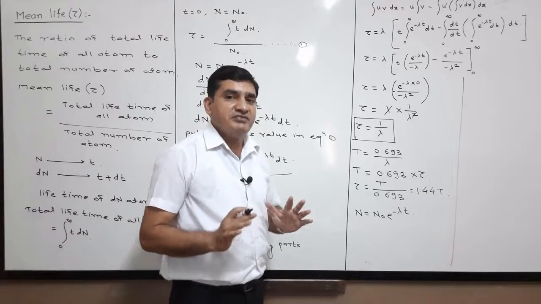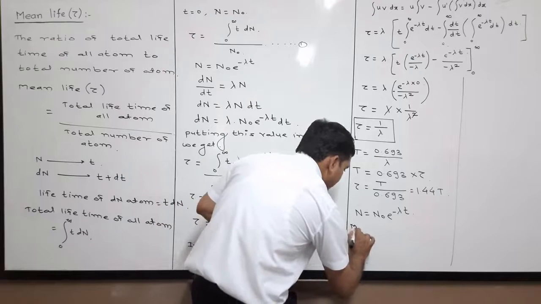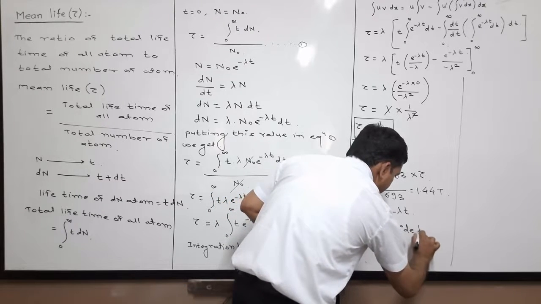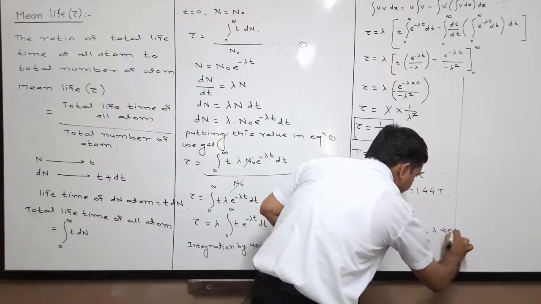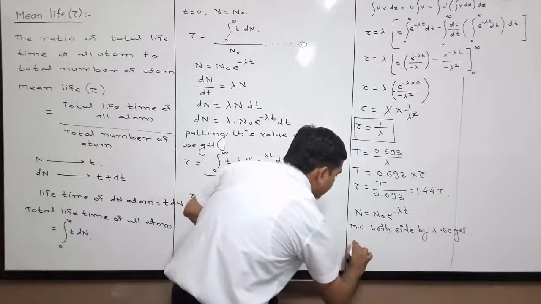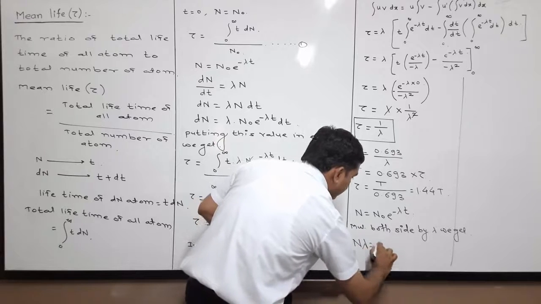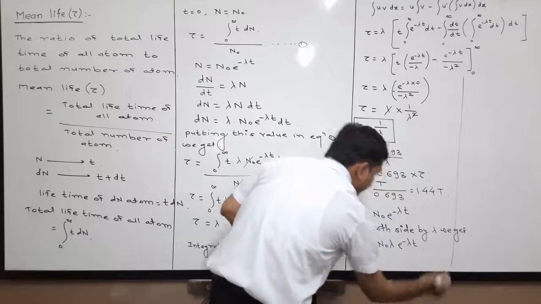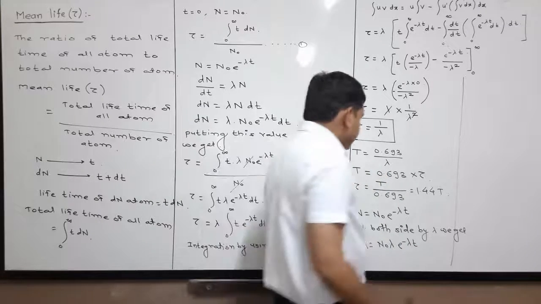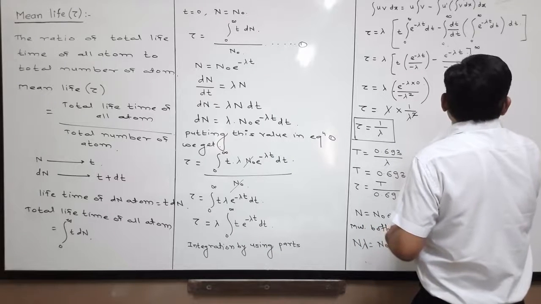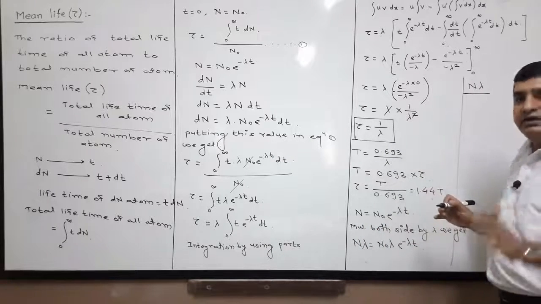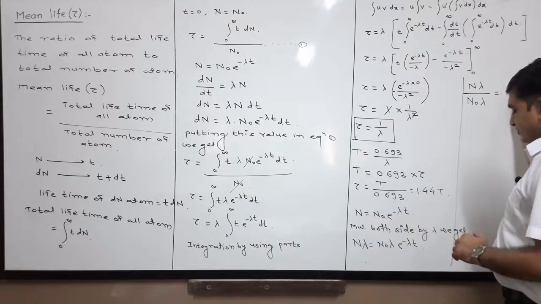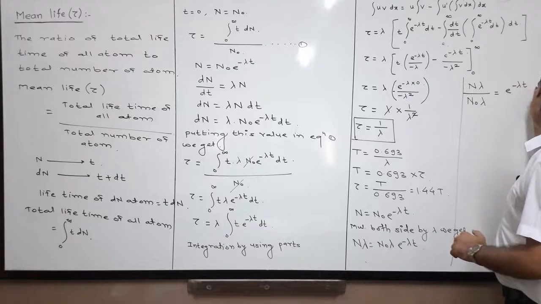Multiplying both sides by lambda, we get N into lambda is equal to N0 into lambda e raised to minus lambda t. So this can also be written as N into lambda divided by N0 into lambda is equal to e raised to minus lambda t.